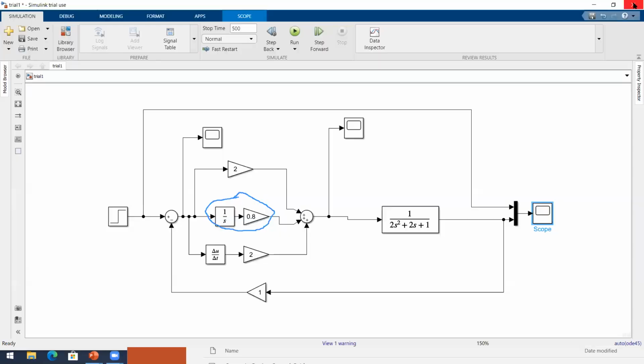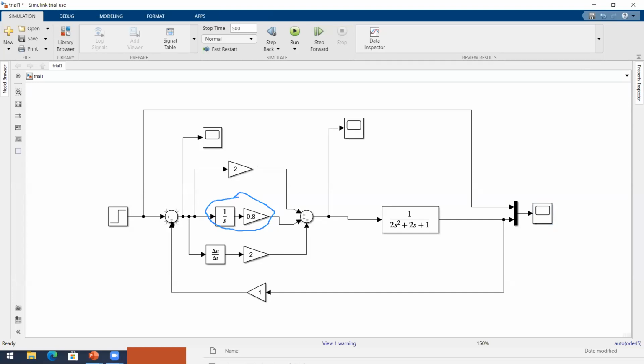Now, what did you understand from this? This is called proportional, this is called integral, this is called derivative. Proportional, integral, derivative. Now all three are getting summed up here, so all are plus here.